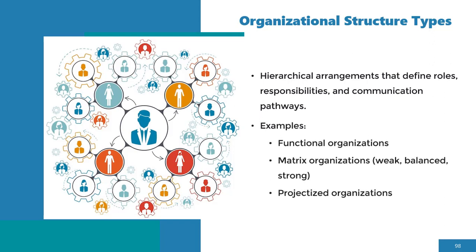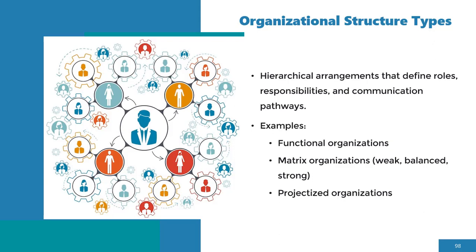Examples include functional organization and matrix organization, which could be weak, balanced, or strong. A matrix organization is a combination of different types of structures, and that includes weak structure, balanced structure, and then strong structure. And lastly, we also have projectized organization.